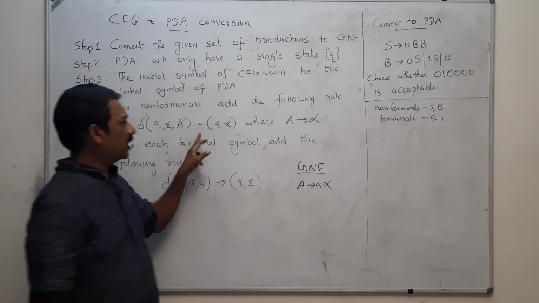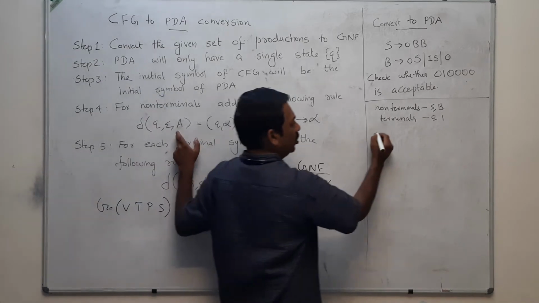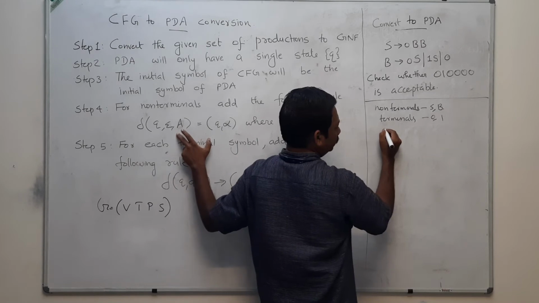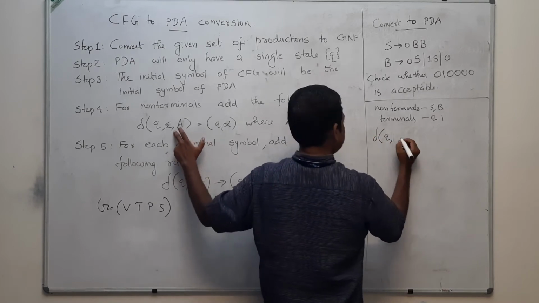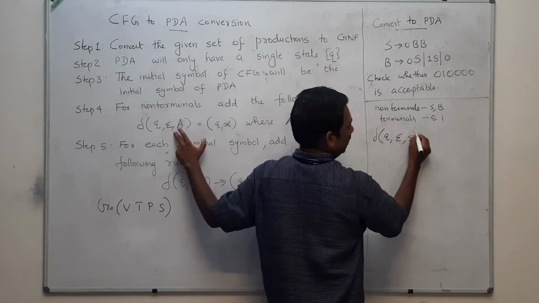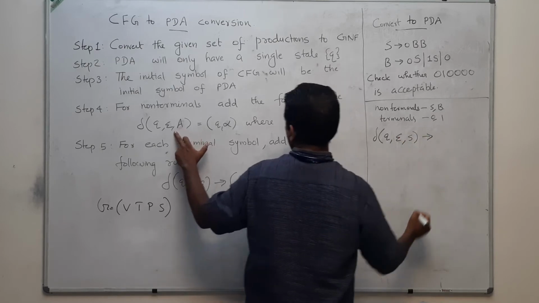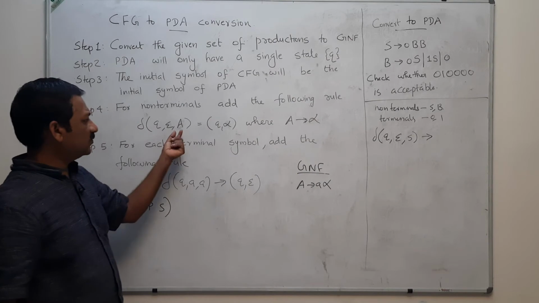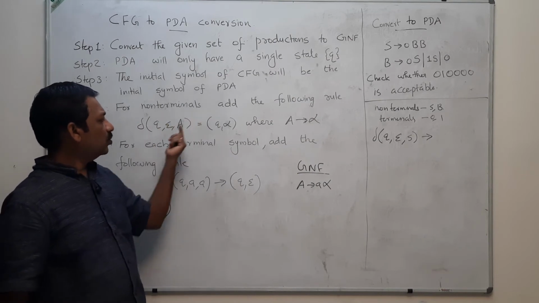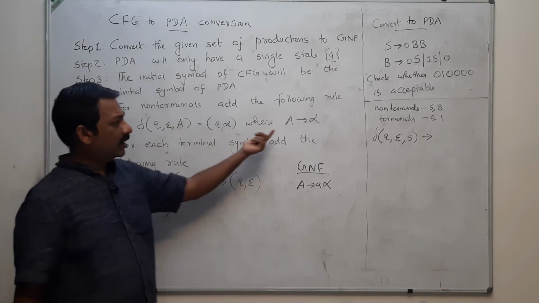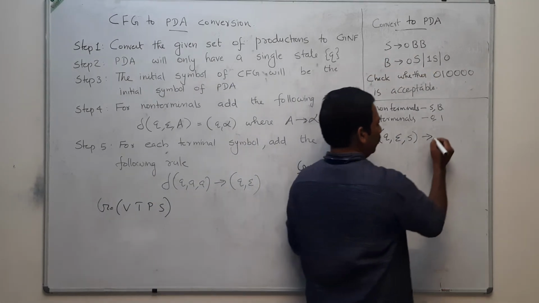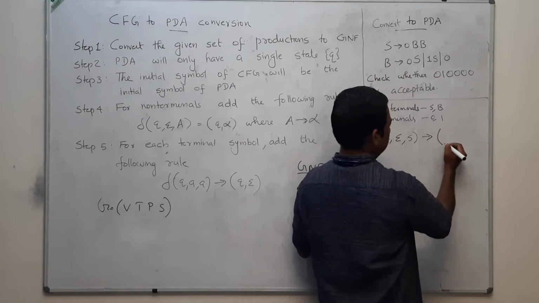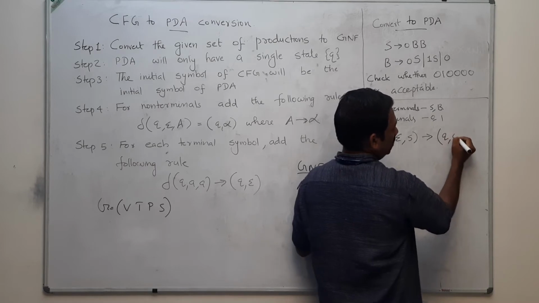That means delta of Q epsilon S derives Q epsilon S. That means for each non-terminal A, if you have A derives alpha, that means this is 0BB. Now we are going to replace that with Q comma 0BB.